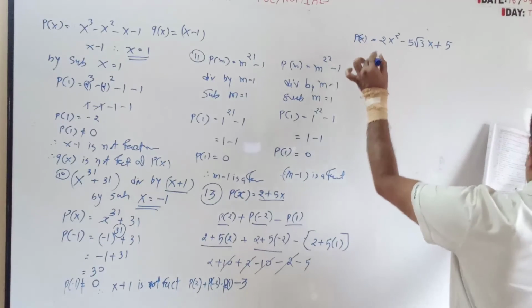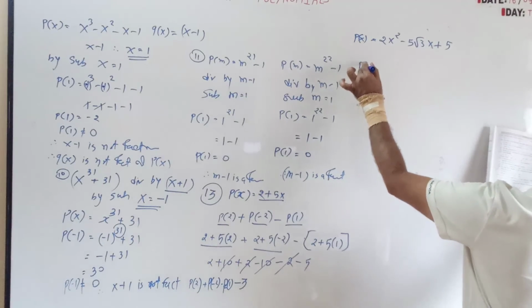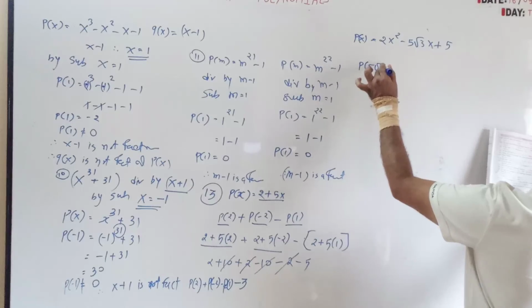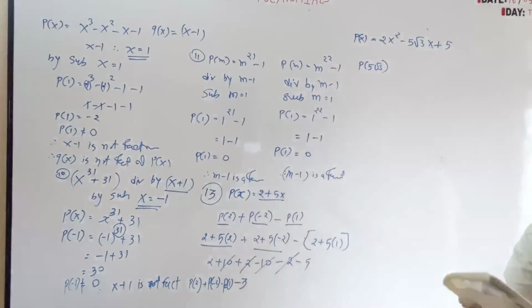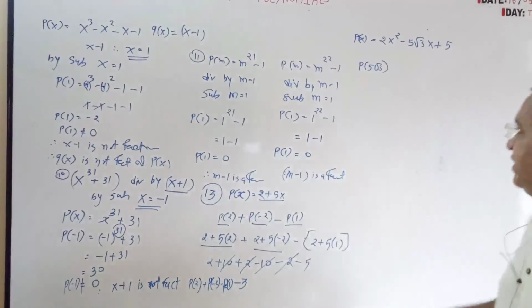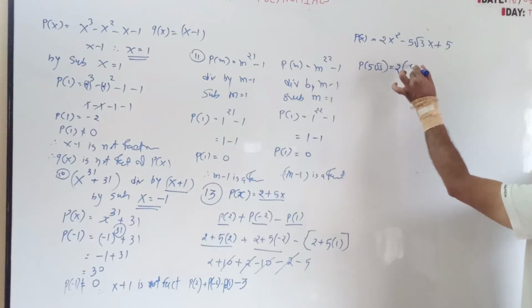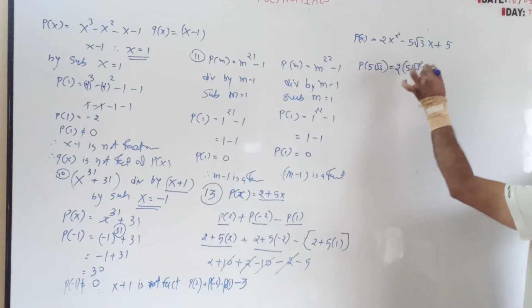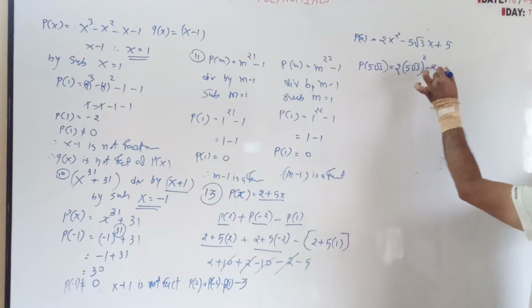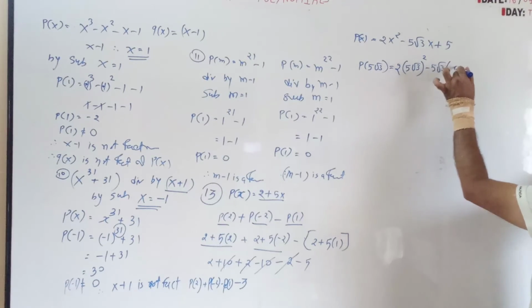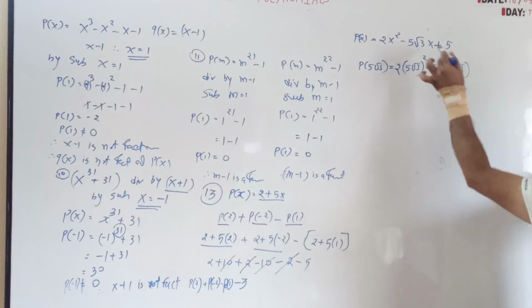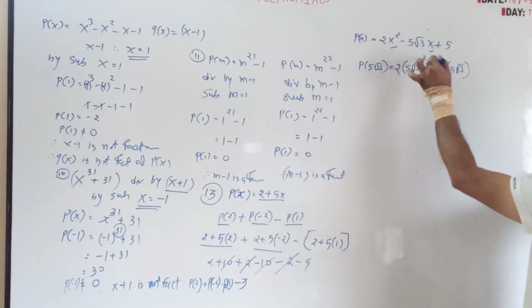P of x, we have to find P of 5 root 3. Simple. Wherever x, replace with 5 root 3 square, 5 root 3, one more 5 root 3, because x has power 2 and power 1.